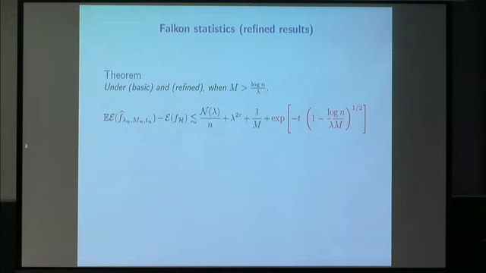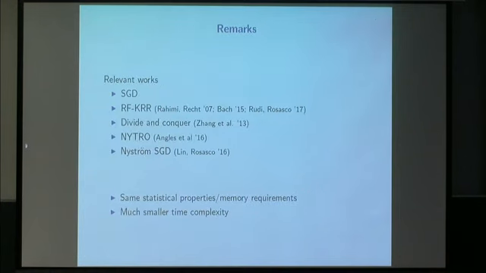So if you choose m big enough, it is a constant. In particular, I choose exactly m in the order of 2 times log n over lambda. So it is controlled by 2.